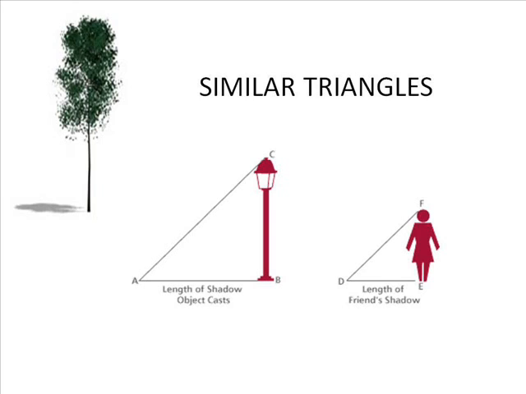And you can see that we have the height of those two objects, the lamppost and Haley, and then we're using the shadows of those two objects to be our length, which creates two similar triangles. So knowing that information, we are then able to create our proportions as they showed us how to do and come up with the solution to our problem.